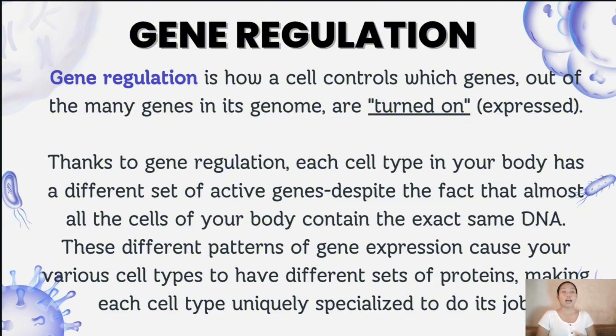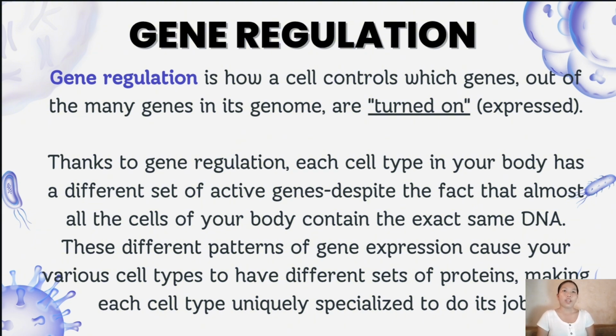In a simple example to compare gene expression from gene regulation: gene expression is when your liver cells make a protein that breaks down alcohol. And gene regulation is your liver cells increasing how much of that protein they make only when you drink alcohol, so that it is not wasted when you are sober.